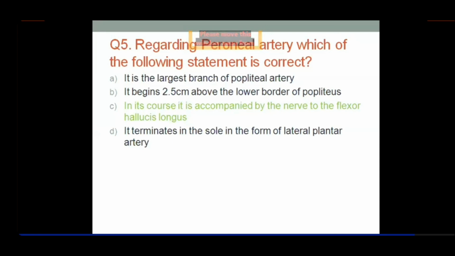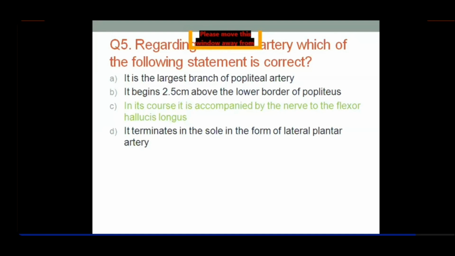Then what does choice D say? It terminates in the sole to form the lateral plantar artery. You know what enters into the sole? It is from behind the medial malleolus. There is this flexor retinaculum, and that's a gateway to the sole.